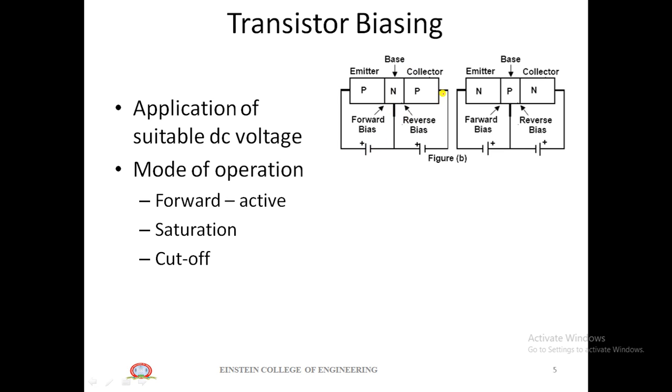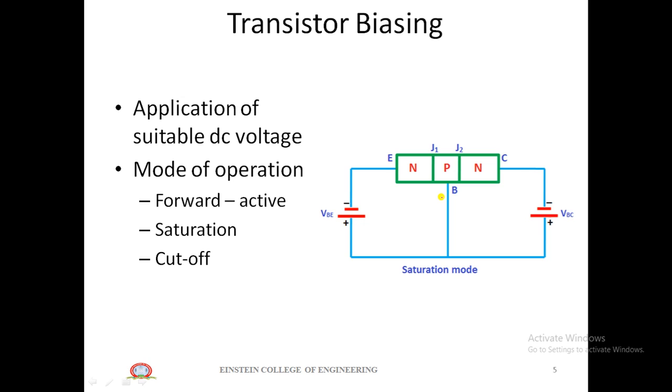And what is reverse bias? P-type material is connected to the negative terminal and N-type material is connected to the positive terminal. This is forward active mode. Same for NPN transistor. Emitter base should be forward biased. Collector base should be reverse biased.